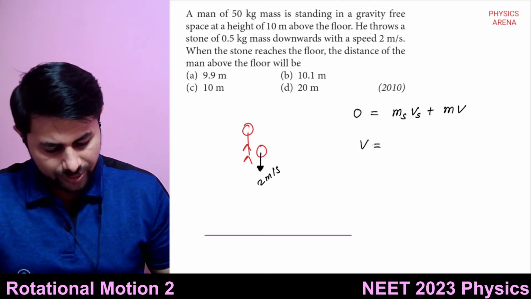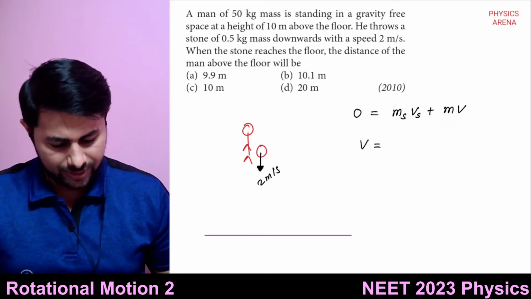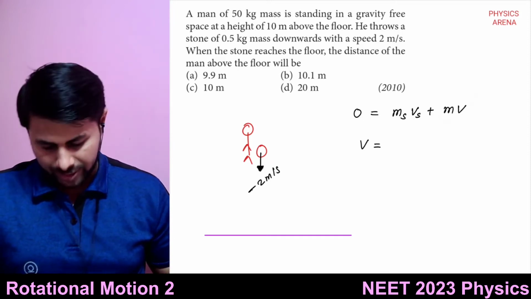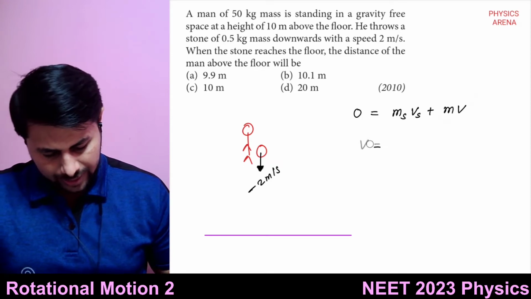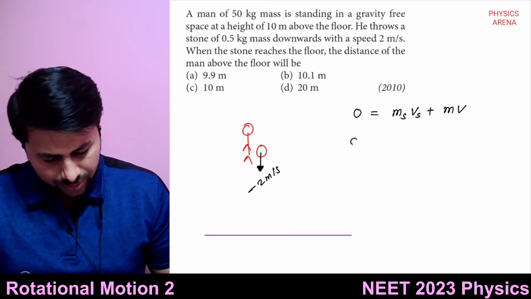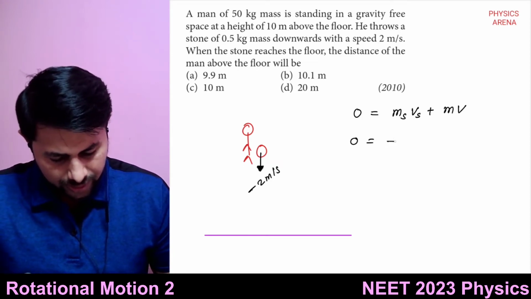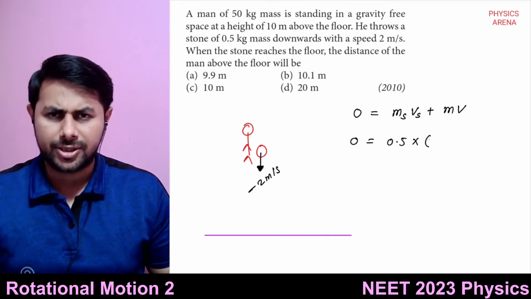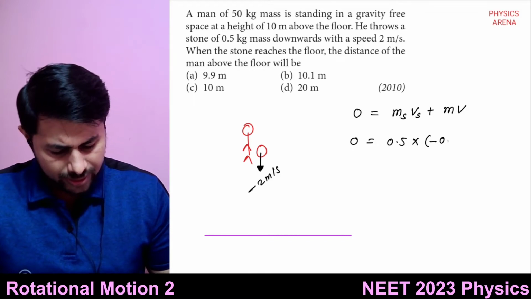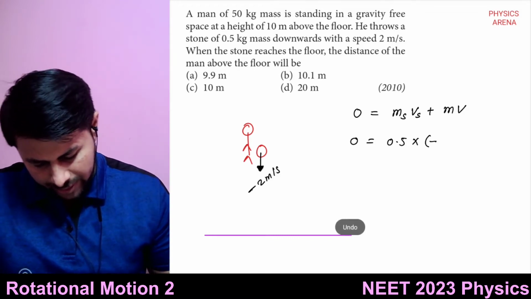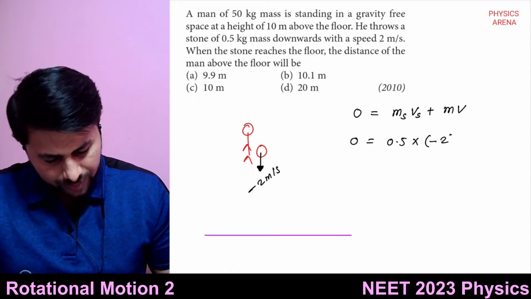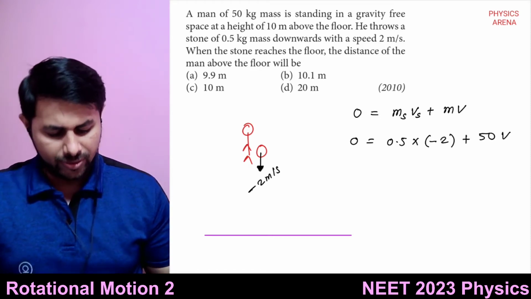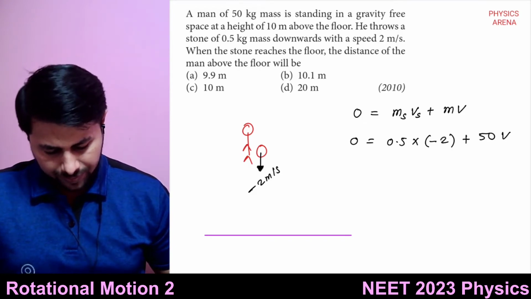So v will be equal to what? It will be in the opposite direction, right? So let's call this negative, minus 2 meters per second, and then let's substitute the values. Mass of stone is 0.5, velocity of stone, because it's moving downwards, I'm calling it minus 2 meters per second, plus mass of man is 50, velocity of man is what we have to find out.